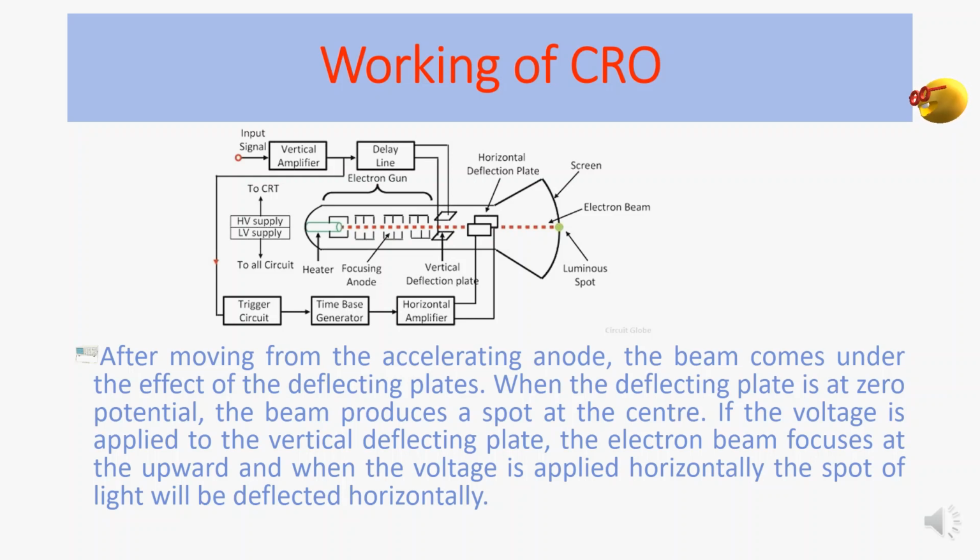When the deflecting plate is at zero potential, the beam produces a spot at the center. If voltage is applied to the vertical deflecting plate, then the electron beam is focused upward, and when voltage is applied horizontally, the spot of light will be deflected horizontally. This is how a CRO works.